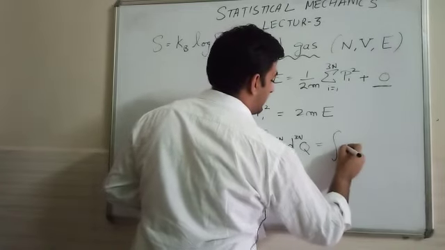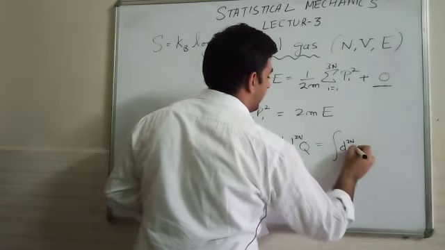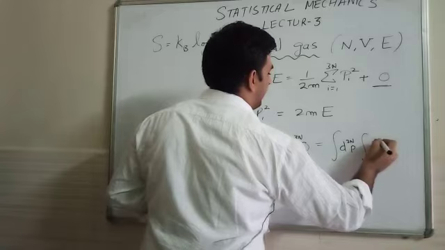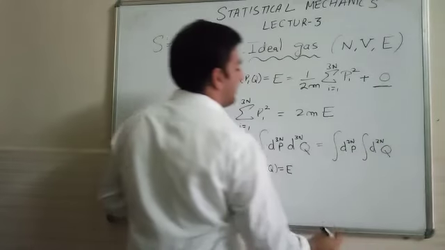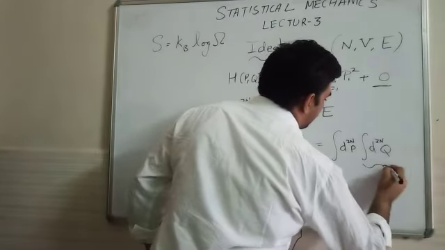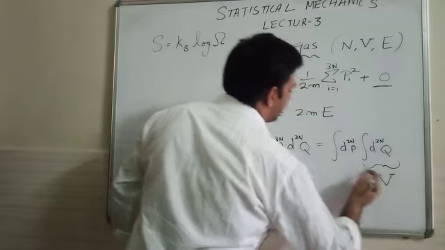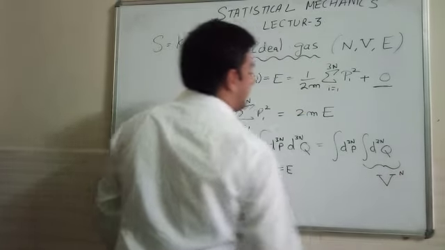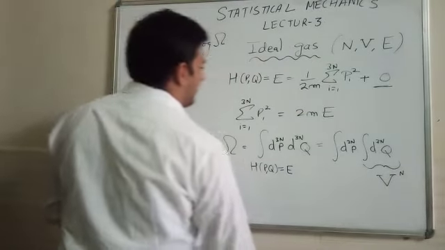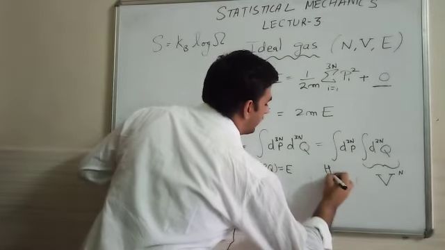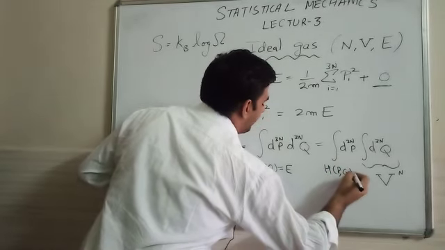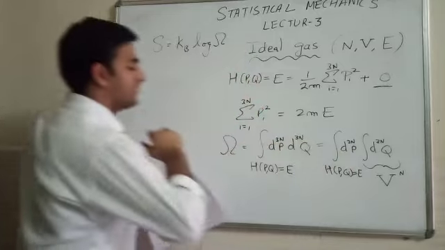So this is the integral of d3N p times the integral of d3N q. The q integral is just the volume V of the system raised to the power N, because there are N particles, and here the constraint is similar to H(p,q) equal to E.